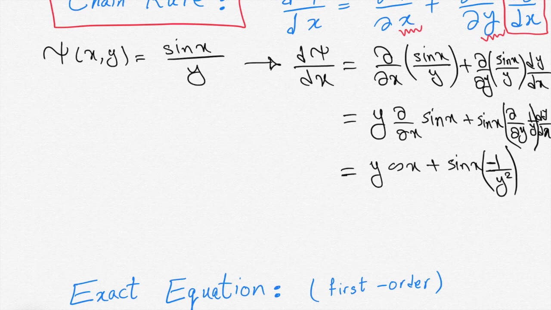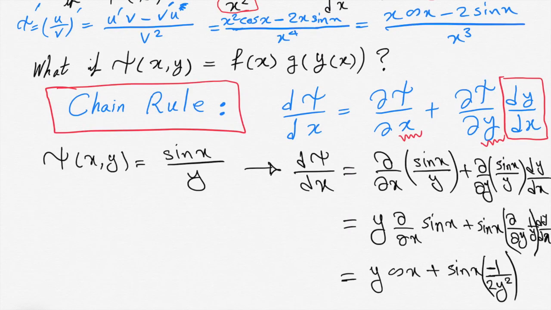So if I take the derivative of this, minus 1 over y squared, then it's going to be times dy over dx. I just figured out that I made a mistake here: this 2 doesn't exist. This was wrong.